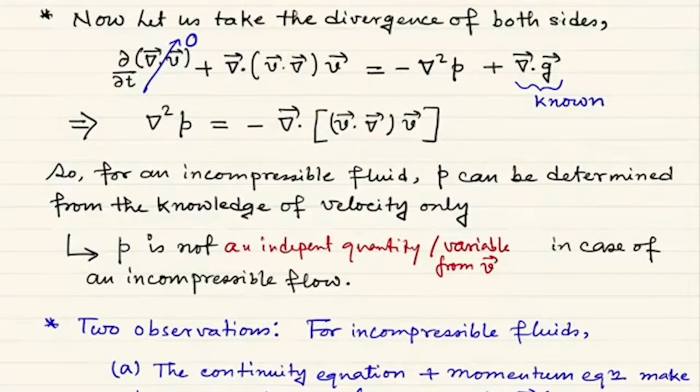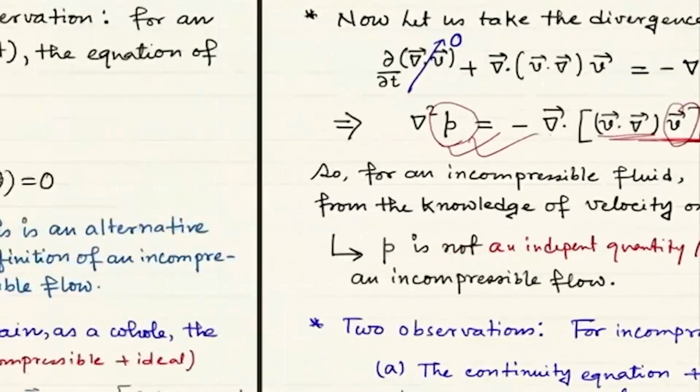In some sense, for incompressible flow, P is a function of rho and T, but in case you know V, you know P. That you can solve.